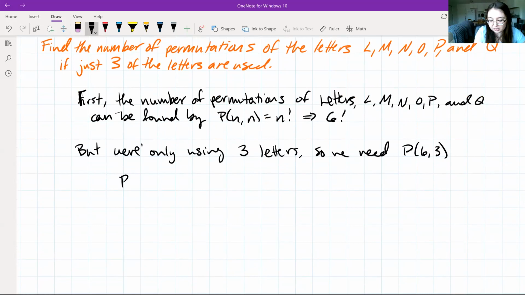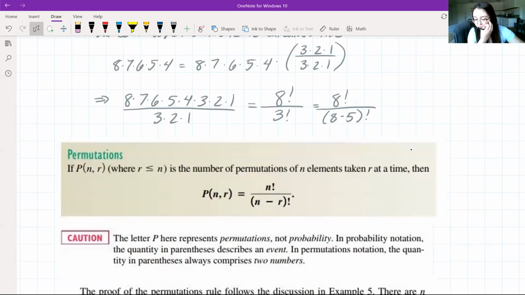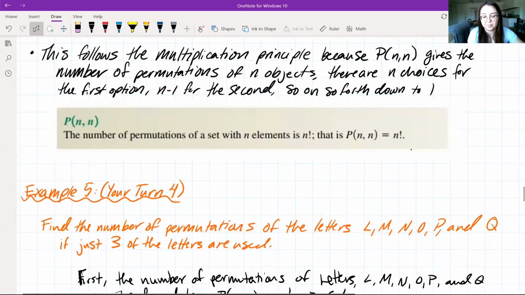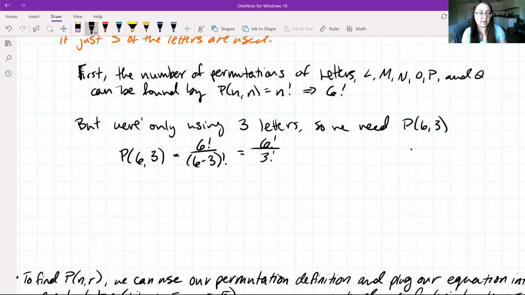So using our definition, which we saw here, P of 6, comma 3, is going to be 6 factorial divided by 6 minus 3 factorial. It's going to give us 6 factorial divided by 3 factorial. There we go. So that's what we're going to end up getting.